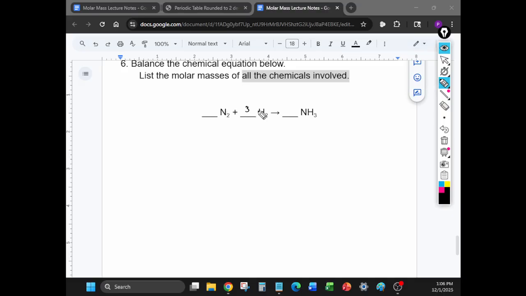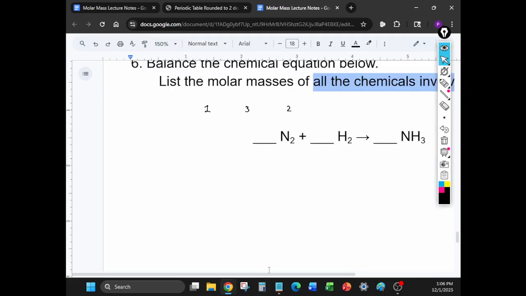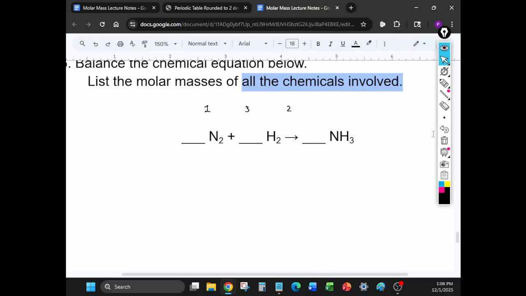I'm going to balance it for you because I want to show you what your final answer should look like. Okay, so take a second, copy this down, and then I'm going to show you what is expected for your final answer. So, sorry, 1, 3, and 2. Okay, so copy this down, and I'll show you what you need for your final answer.